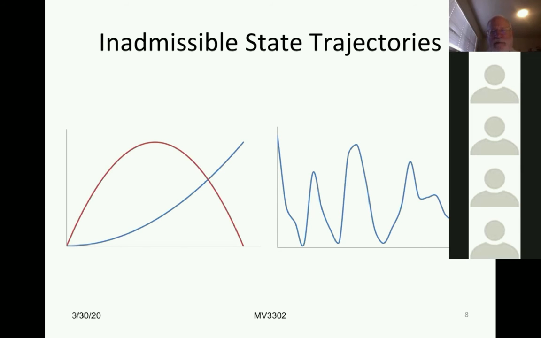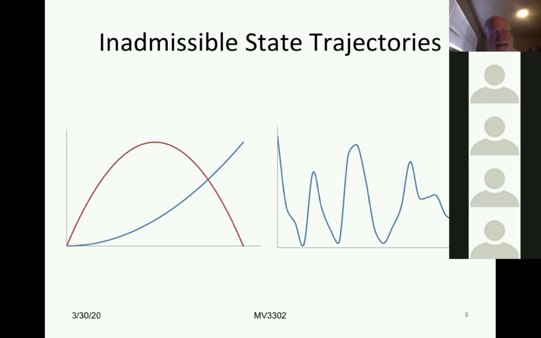And then on the right, the blue squiggly one is just an arbitrary state trajectory. These are all state trajectories, but none of them can be state trajectories for a discrete event simulation model. States that change continuously cannot be directly represented in a discrete event simulation.